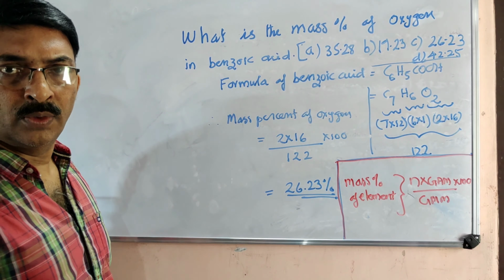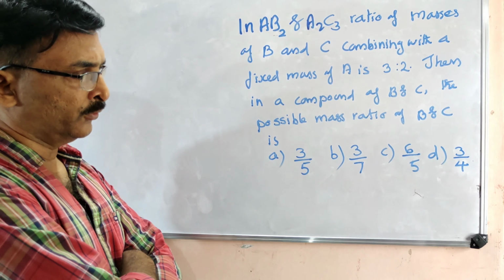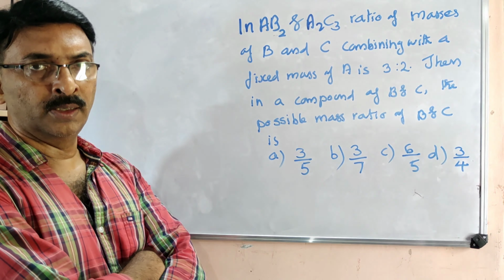This is based on the law of reciprocal proportion, where three elements and three different compounds are involved. The question is that in AB2 and A2C3, the ratio of masses of B and C combining with a fixed mass of A is 3:2. Then in a compound of B and C, what is the possible mass ratio of B and C?